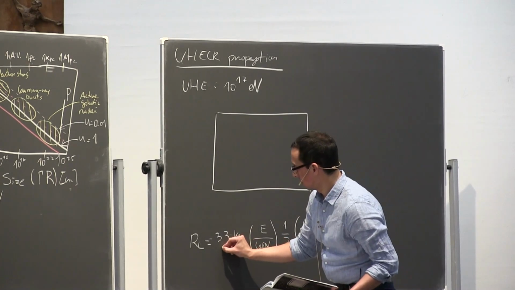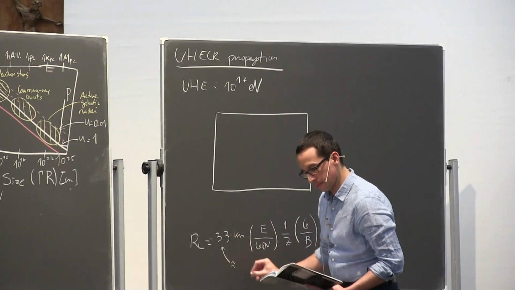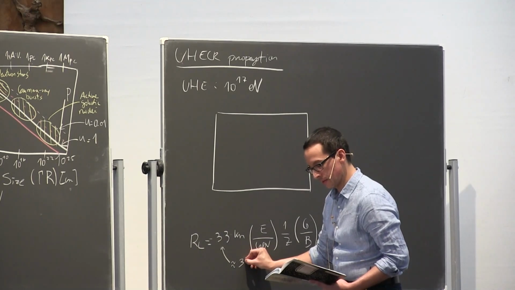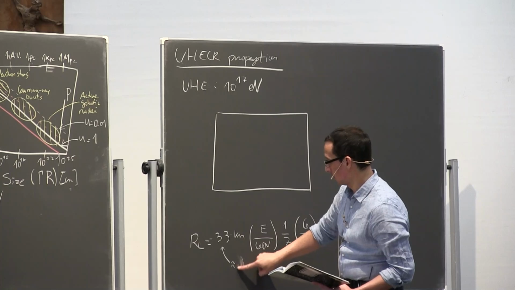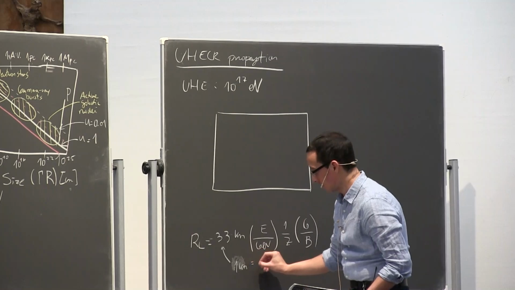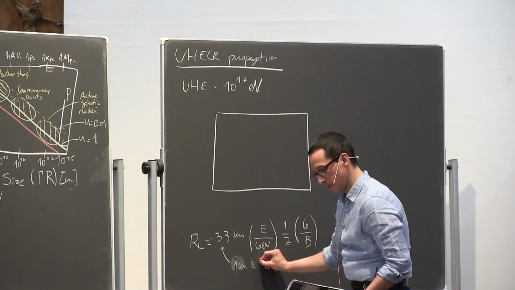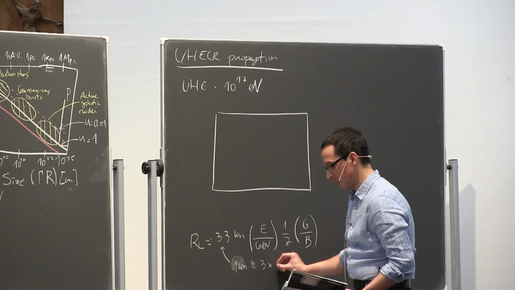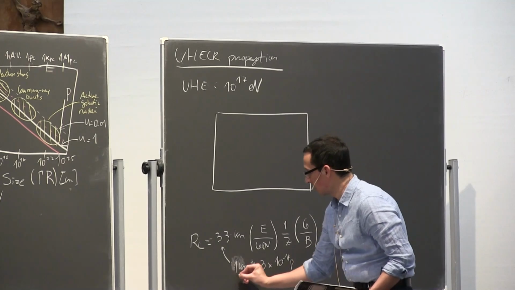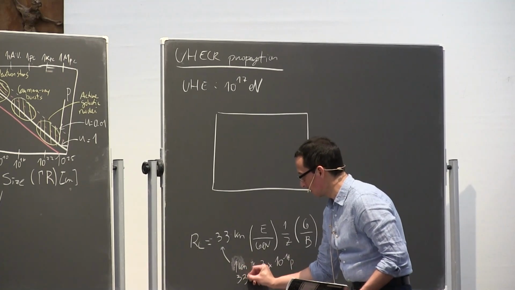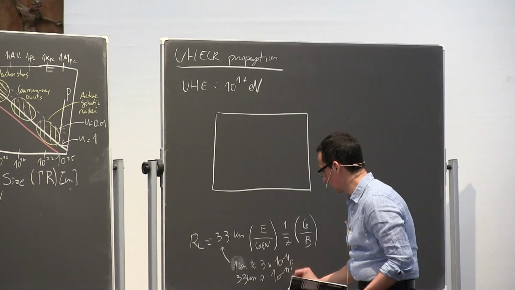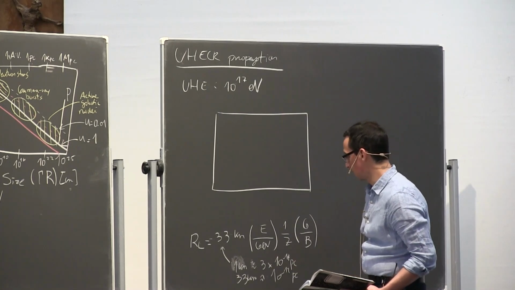And this is, in more useful units, about 3 times... actually, let me put it this way. 1 kilometer, just so you get a better view of this, is roughly 3 times 10 to the minus 14 parsecs. So that means that 33 kilometers is roughly 10 to the minus 12 parsecs in more useful units for us.